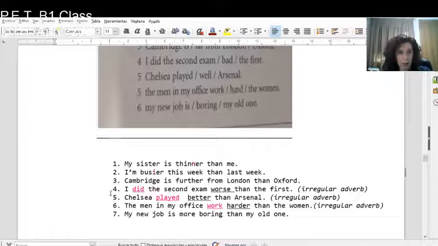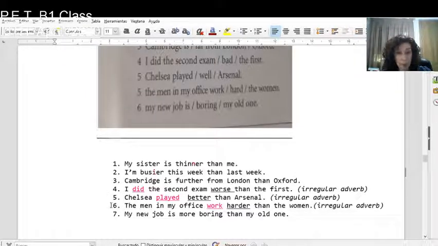I colored the verbs in pink to make you realize that now they are irregular or they are adverbs. For example, I did the second exam worse than the first. It's an irregular adverb. 5. Chelsea played better than Arsenal. How did Chelsea play? This is an adverb. 6.